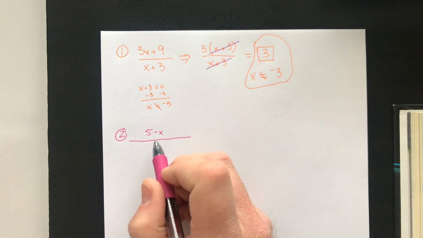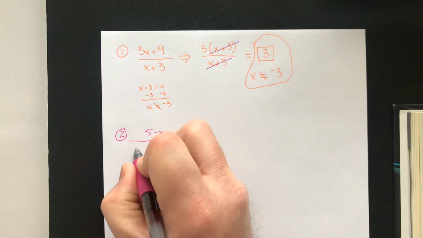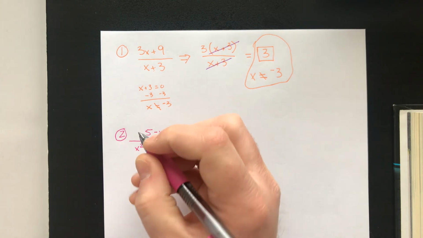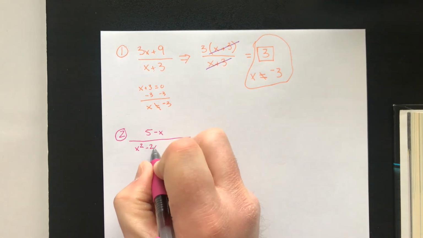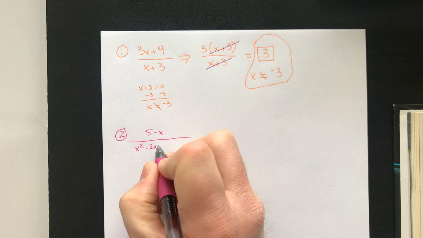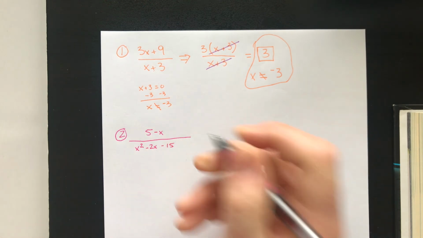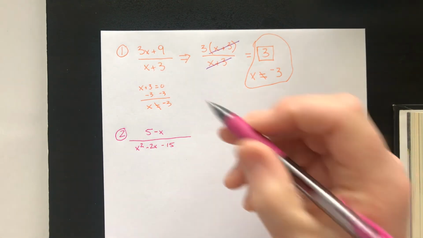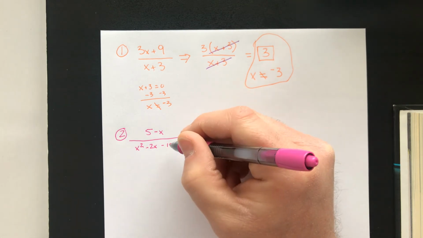I need to be careful with that. In the denominator, we have x squared minus 2x minus 15. Well, what have we been doing in the past?